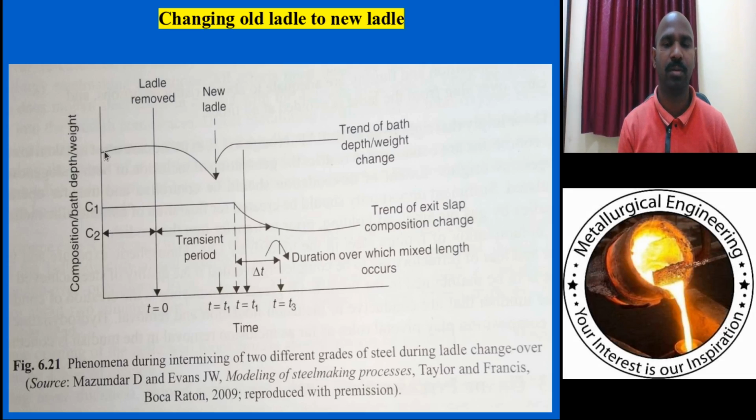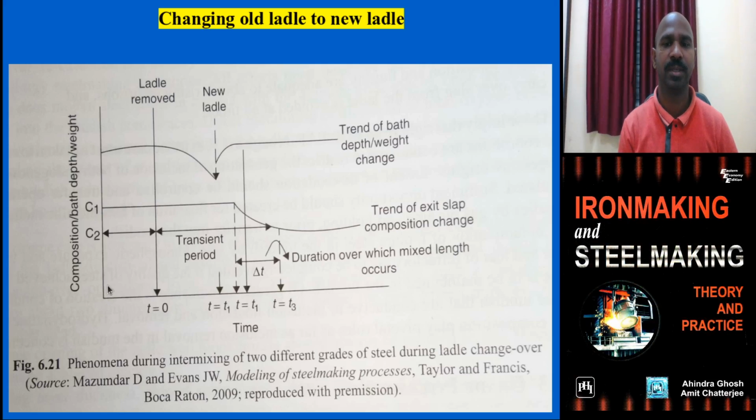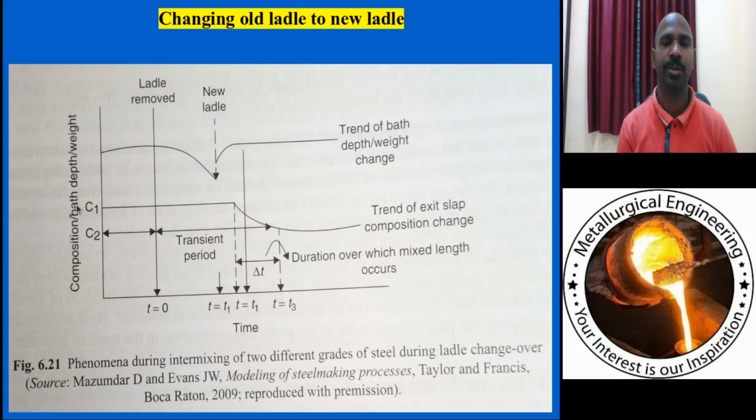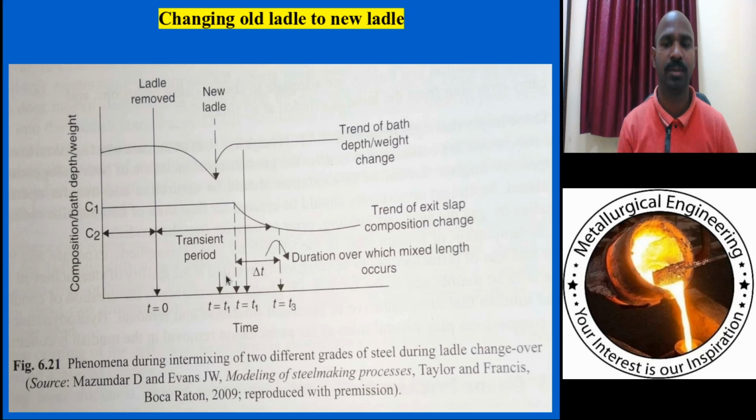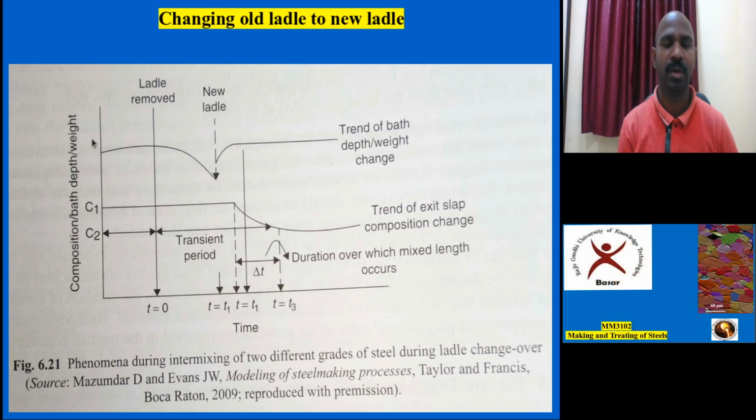This is the composition range 1 for the old ladle, composition 2 for the new ladle, and this is the bath depth height. This total area will give you the total weight of the molten steel.